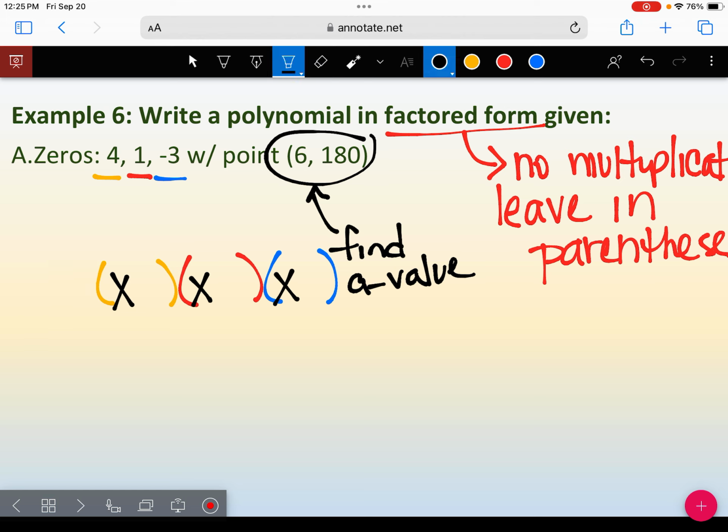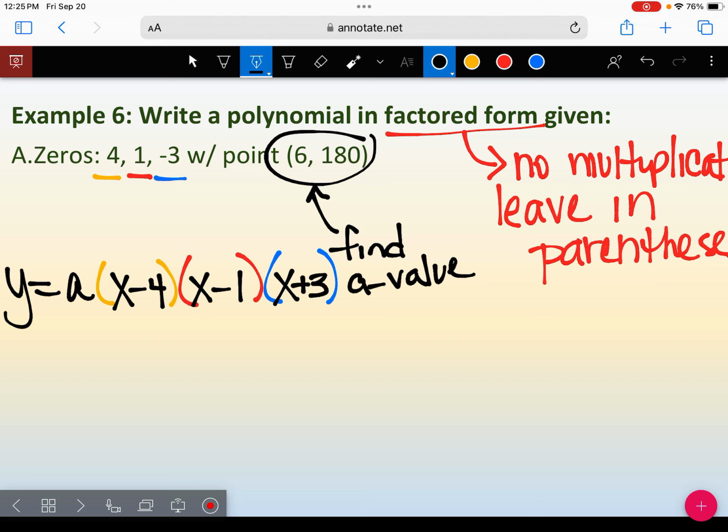Because we're trying to find our A value, I want you to put y equals, and then we're gonna put the A right here, because we have to find that. So I'm gonna make a little bit more space. Sorry about that. So in the first one, we have a x minus 4. What about the second one? And the third one? All right, so we don't have to multiply them because it said factor form.